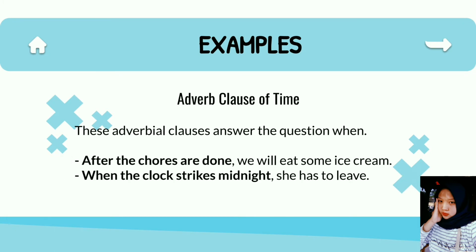Example, adverb clause of time. In these examples, the clauses answer the question when, or answer time. Example number 1 is: after the chores are done, we will eat some ice cream. When the clock strikes midnight, she has to leave.